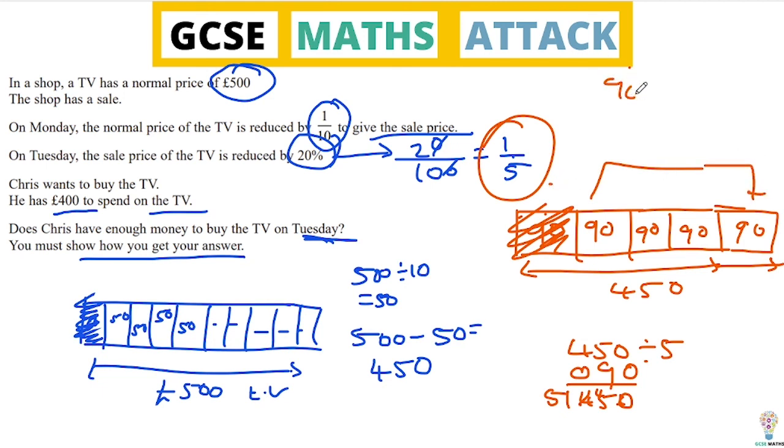It is 90 times 4. 9 times 4 is 36, so 360. So this value is going to be equal to 360. So what you're going to say is that he has enough money. So Chris has enough money.